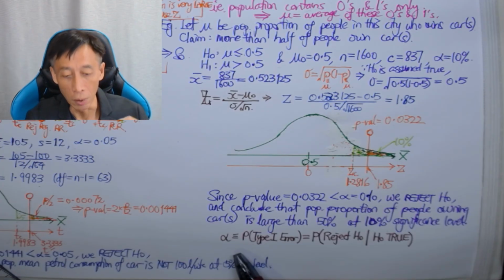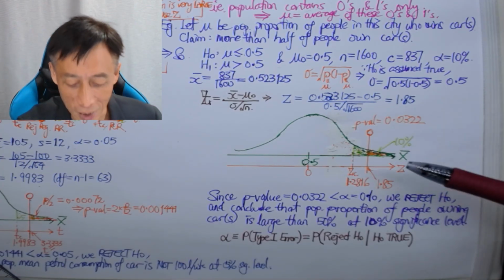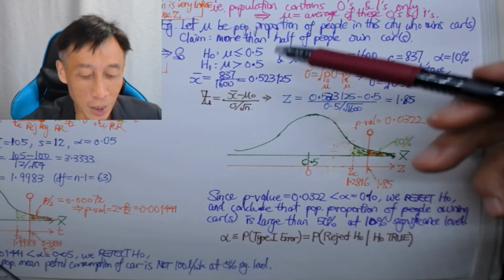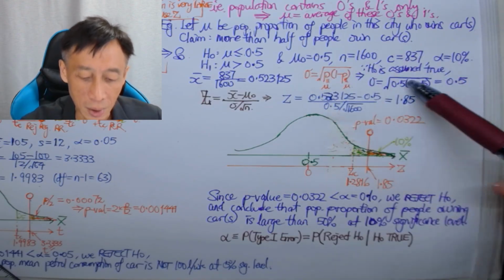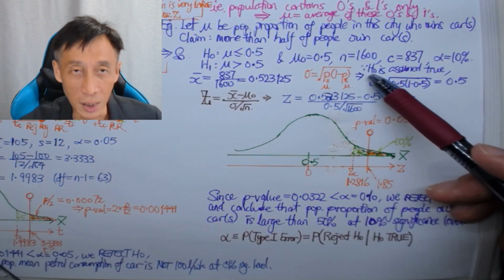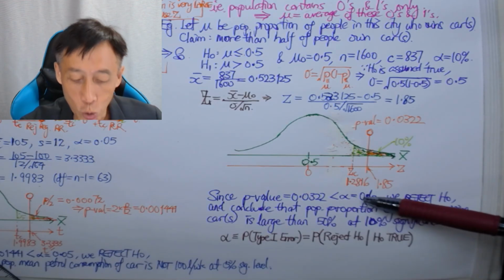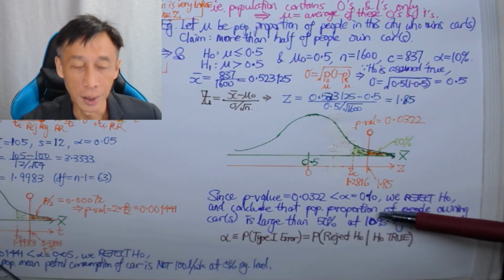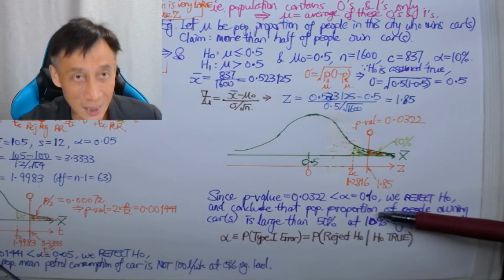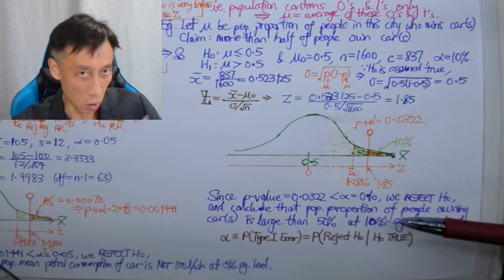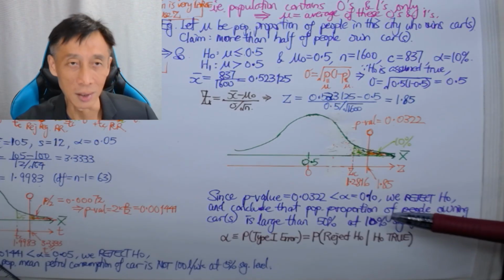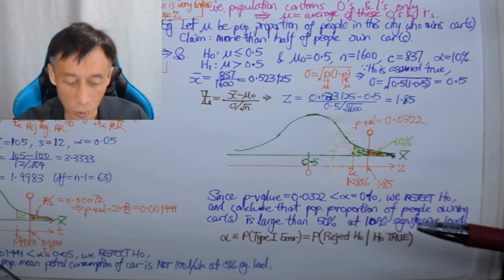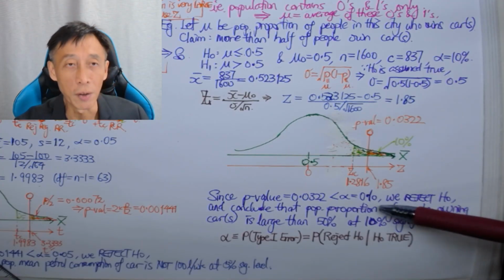Can we choose it to be smaller? In fact, we can choose it to be as small as 5%, and it's still correct. So we can redo everything with the same number, same statistics, same data set, and the conclusion is still that we reject H naught and launch our product. And that mistake chance, because the city actually has less than 50% of people owning cars, is actually just 5%.